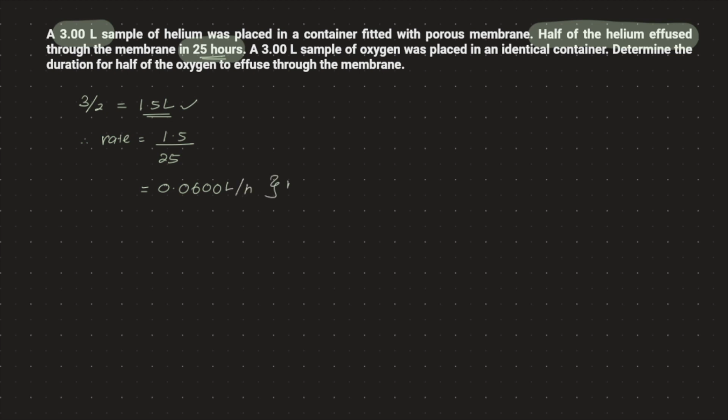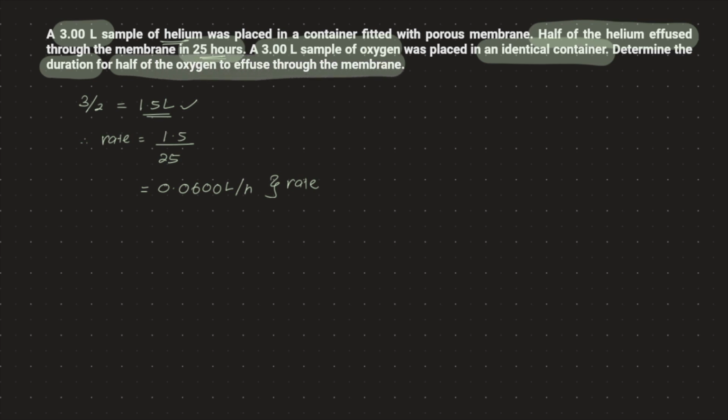This is what we call the rate for the helium to effuse. Now the question states that the oxygen is placed in an identical container and you are asked to calculate the duration for half of the oxygen to effuse through the membrane.